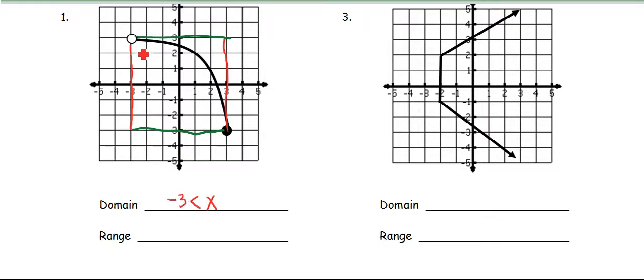Since that is an open circle, I do not put the equal sign underneath. Less than, I can look at this line and it comes up and crosses right there at 3. I should have showed you this one crosses at -3 on the x-axis. This one crosses at 3, but it has a solid dot, so I'm going to put my equal sign and then 3.